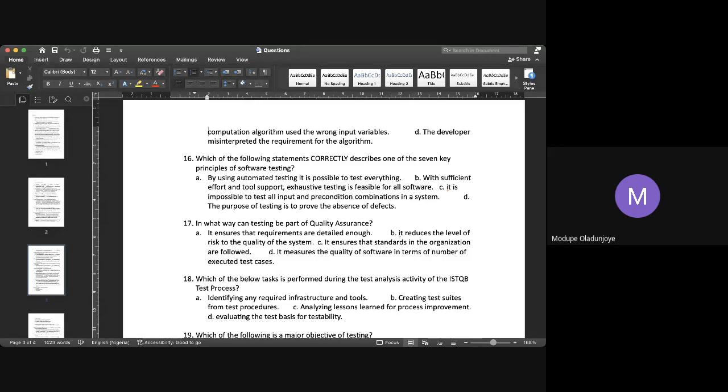It measures the quality of software in terms of number of executed test cases. Okay, it reduces the level of risk to the quality of the system.